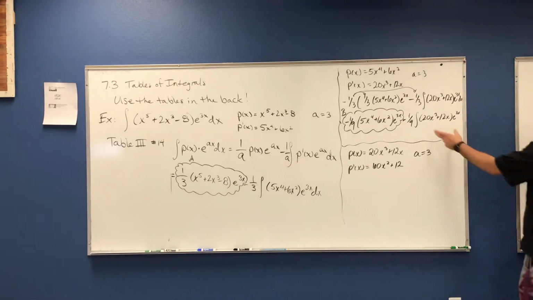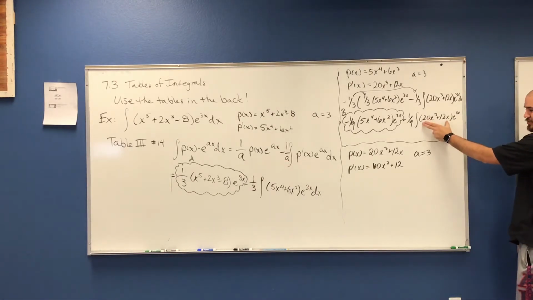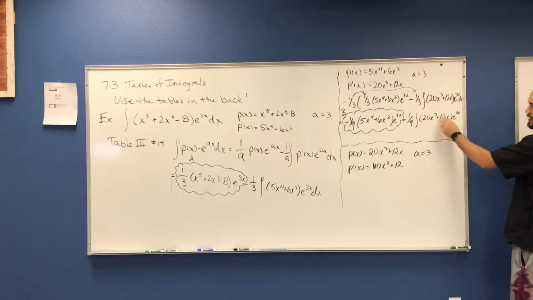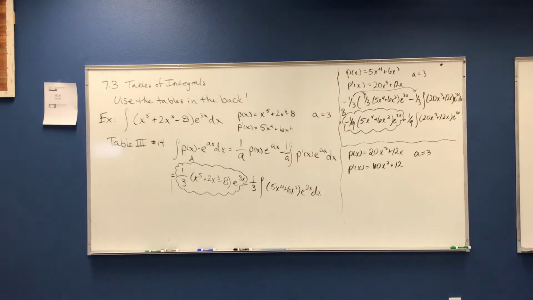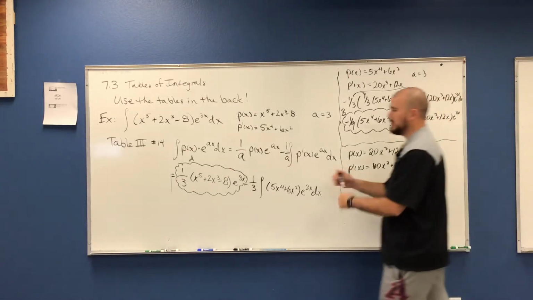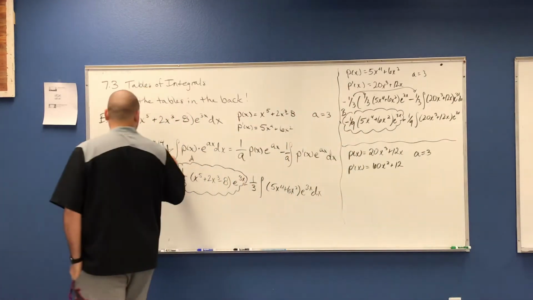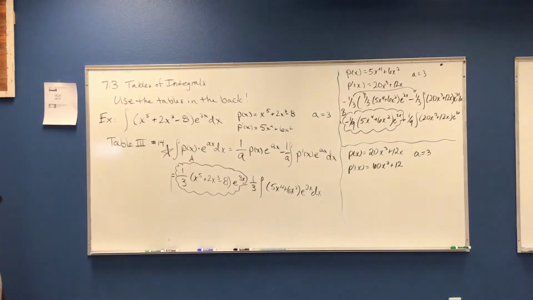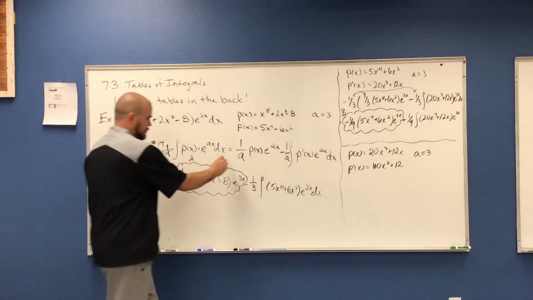So again, defining this to be p of x, doing the derivative of that, and then 3 is continuing to be a. And now we do the integral of it, meaning that we use the same exact formula over here. This has not changed. We've used that the entire time, or I guess this part of it.